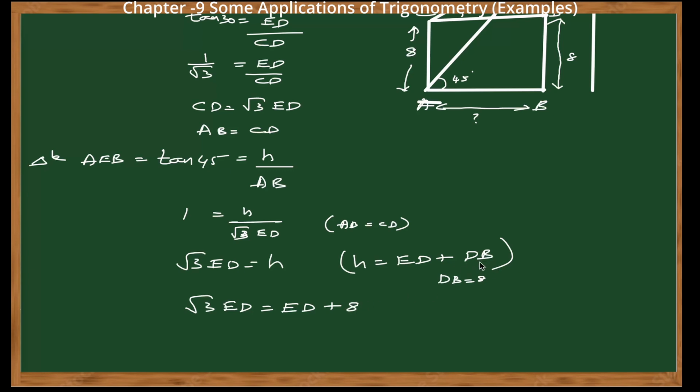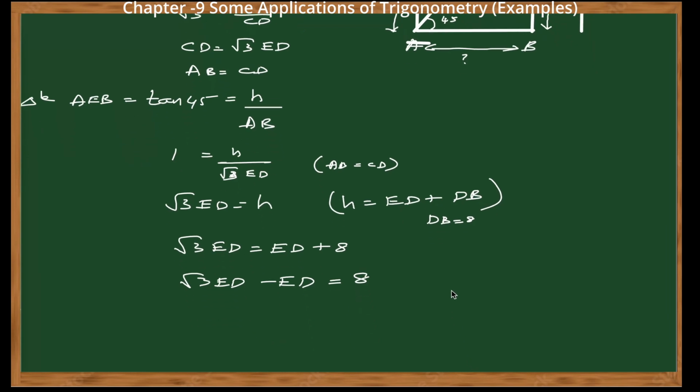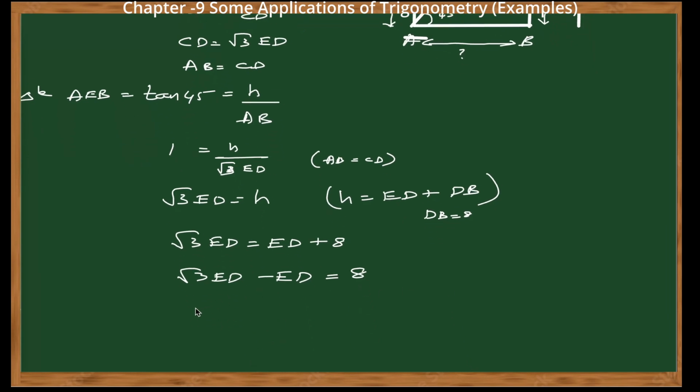We have replaced the value of DB here. Bring the root 3 ED minus ED towards the left side, equal to 8. Then let's take ED outside in common. This becomes ED times root 3 minus 1 is equal to 8.